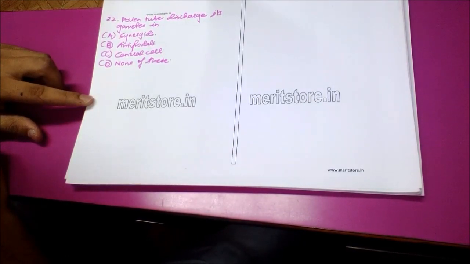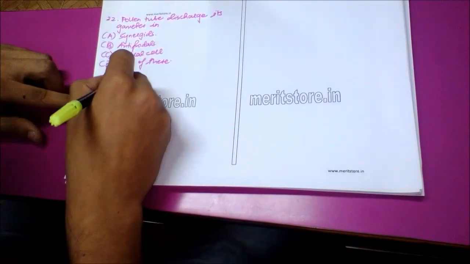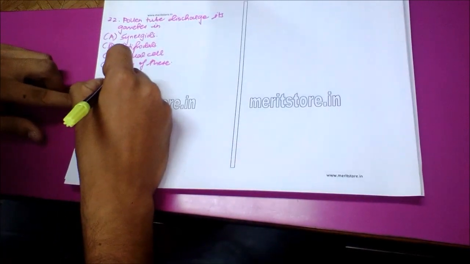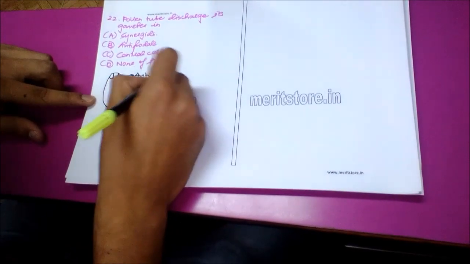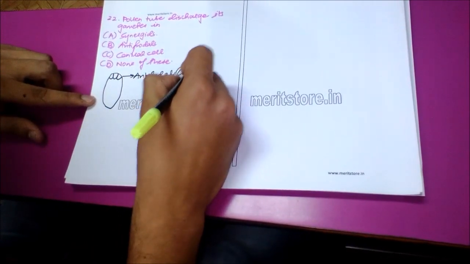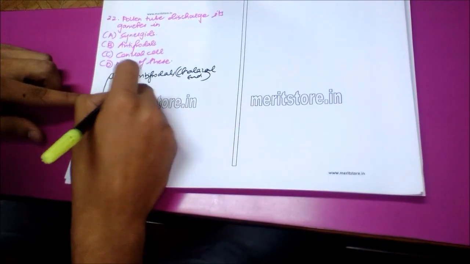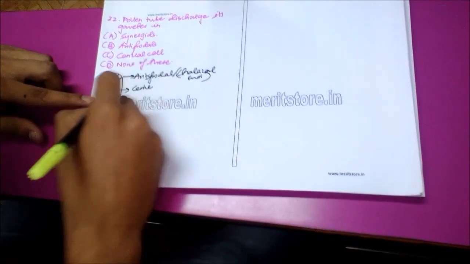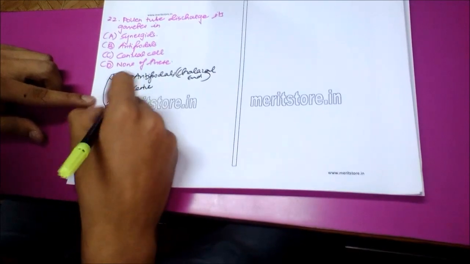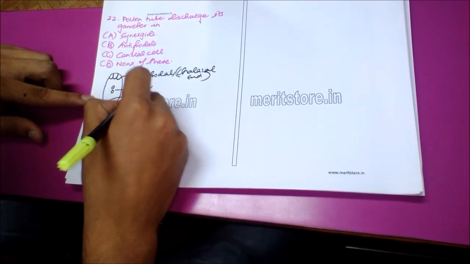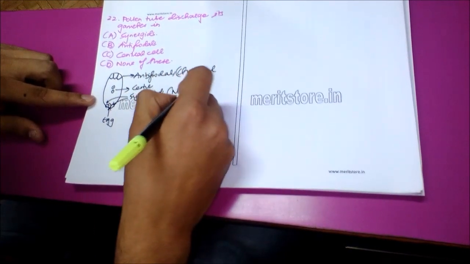Our next question is, pollen tube discharges its gametes in option A, synergids, option B, antipodals, option C, central cell, and option D, none of these. So the basic structure of the embryo sac includes the antipodals towards the chalazal end, the polar nuclei or the secondary nuclei in the center, and the egg with these synergids towards the micropylar end.